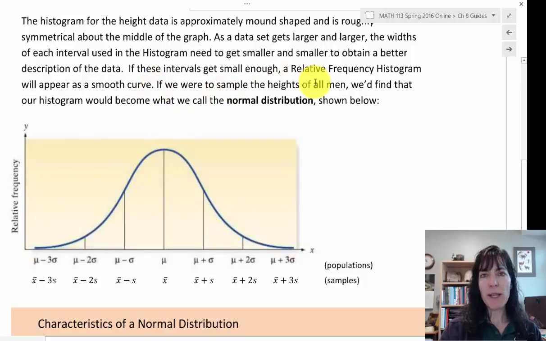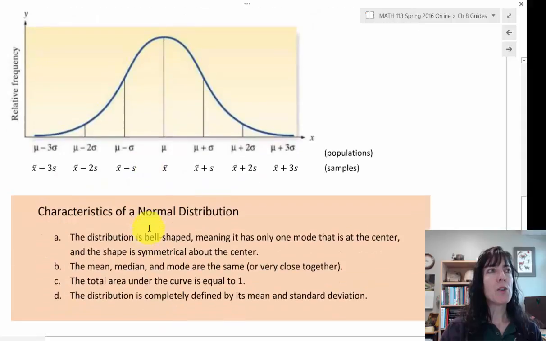And if we were to sample the heights of all men, which would be a population, so if we took our population data for all men and put it into a distribution, that would be a lot of men, and it would look pretty smooth and mound-shaped like this distribution here. I also put on this distribution, it's a relative frequency distribution, the population formulas here and the sample formulas here.